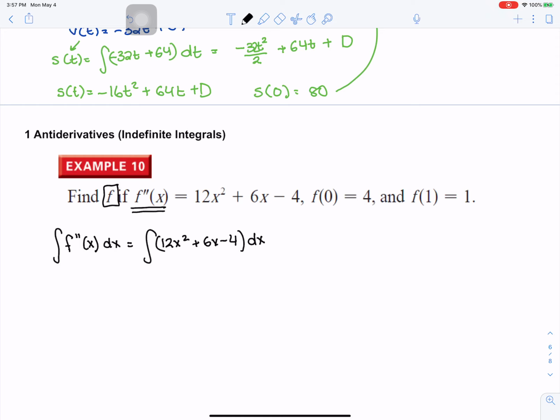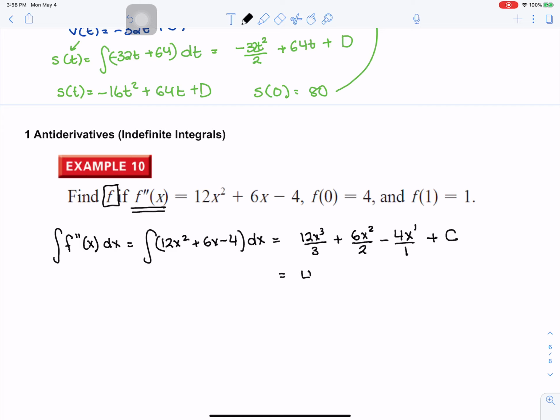Now, to do the antiderivative of this, I add 1 to the exponent, divide by that same number, and I do the same for each term, plus an arbitrary constant.